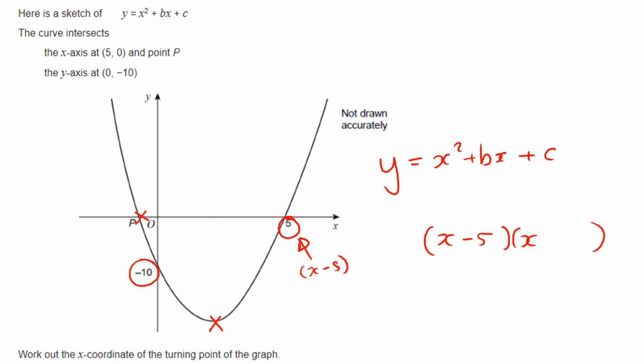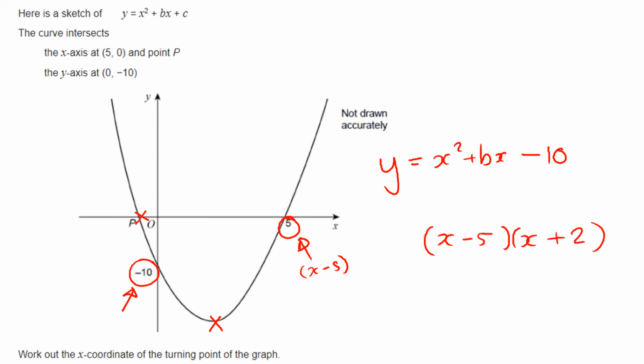What else do we know? We know it goes through the y-axis at -10, so the plus c at the end must be -10. Why is that? Because that's the only bit left over when we sub in x equals 0. These two numbers in the brackets have to multiply to give us -10, so -5 times something equals -10.